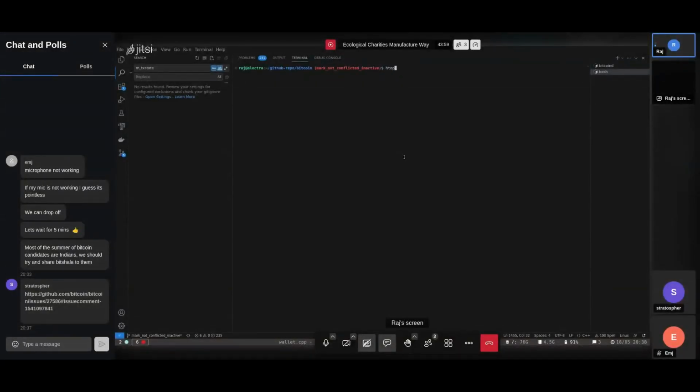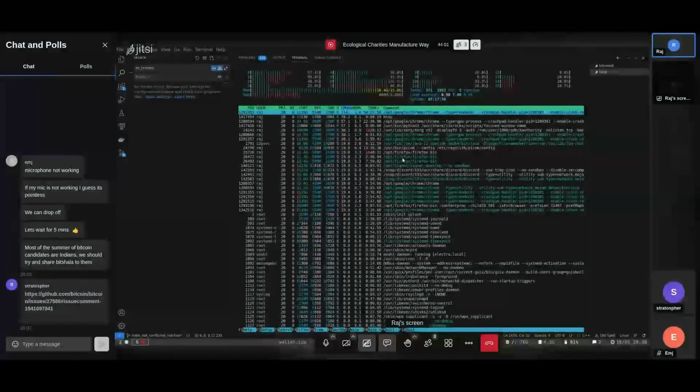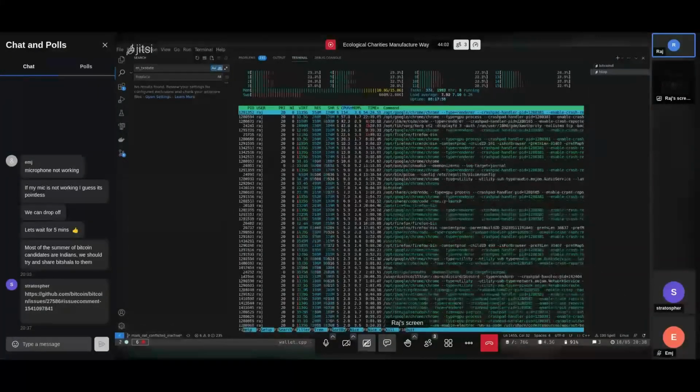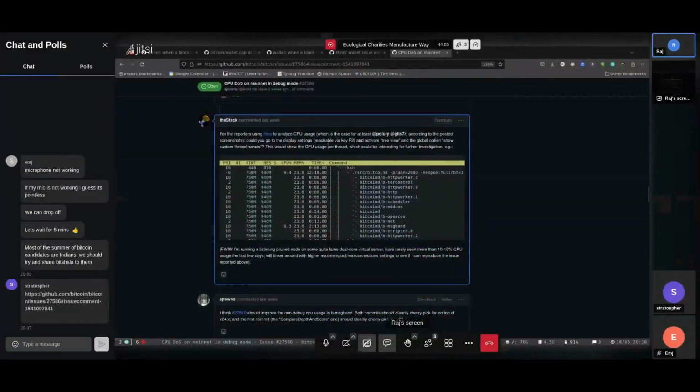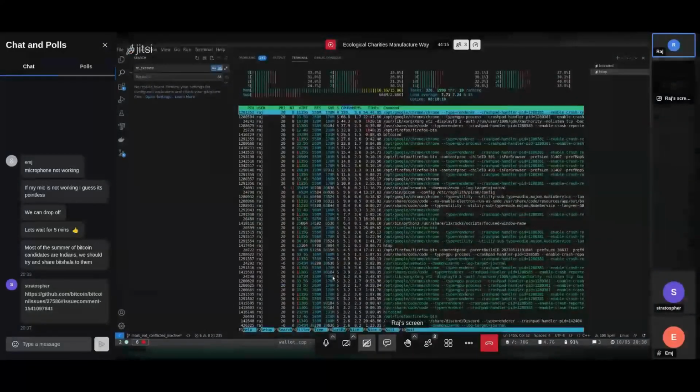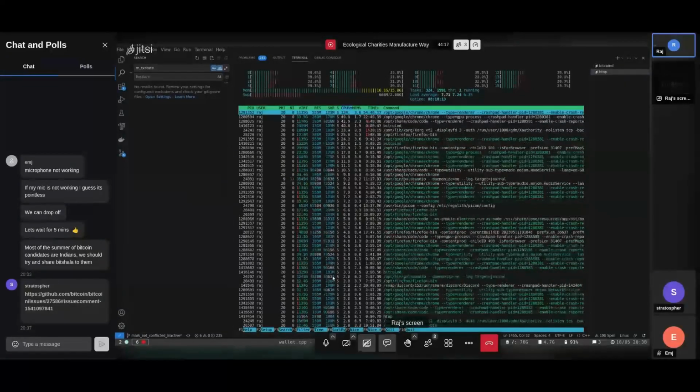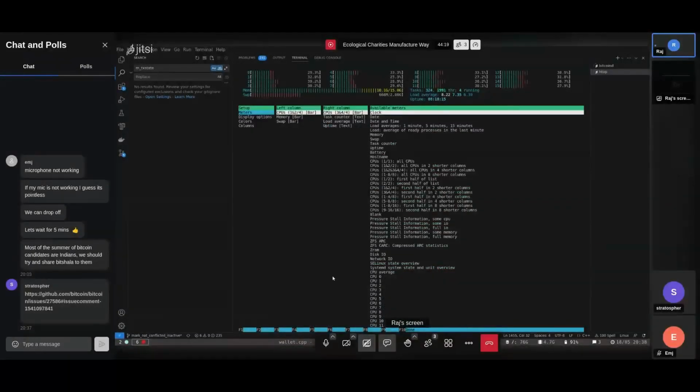So htop, and it says reachable via F2, activate tree view and the global option show custom thread names. F2. Tree view.